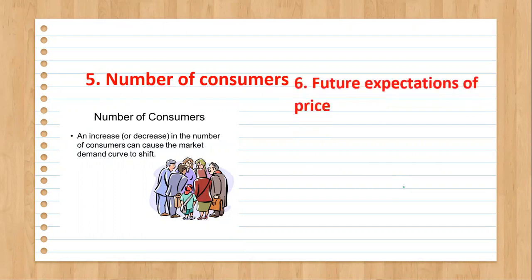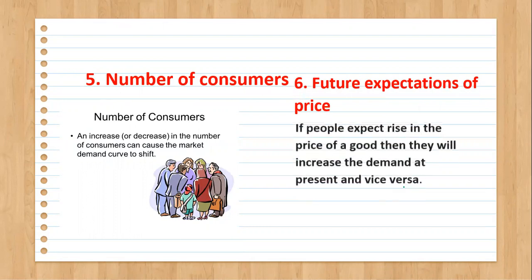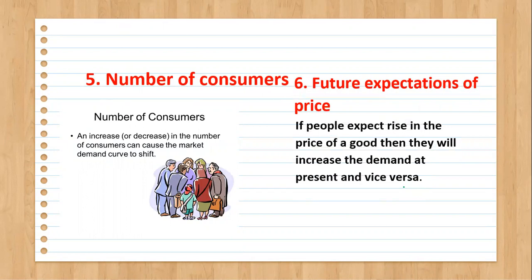Then the next is future expectation of price. If people are expecting the price to rise in the future, they will prefer to hold the commodity and purchase more of it as of now. So demand today will increase and vice versa.